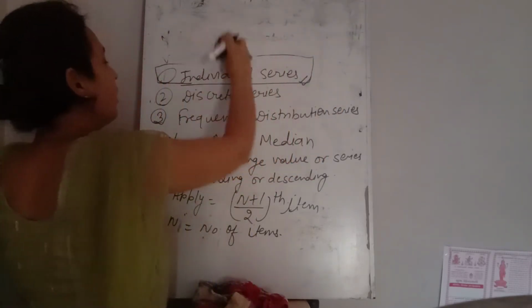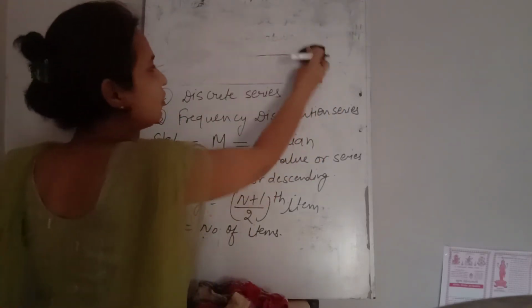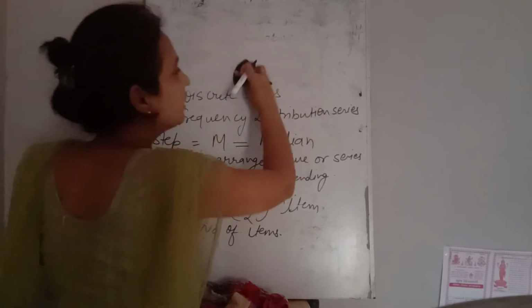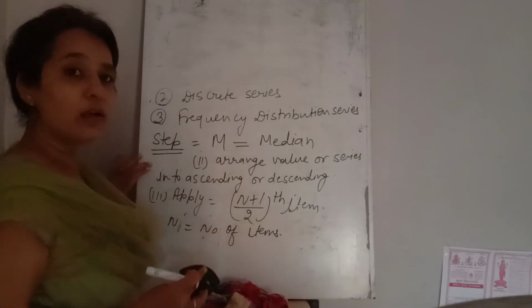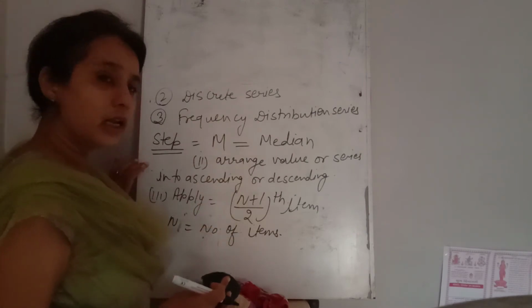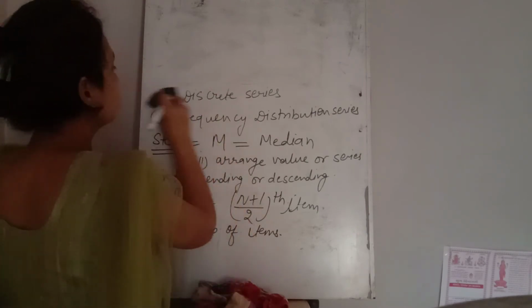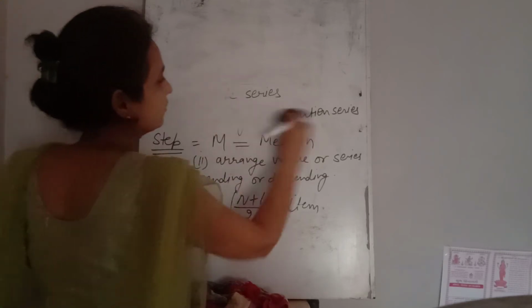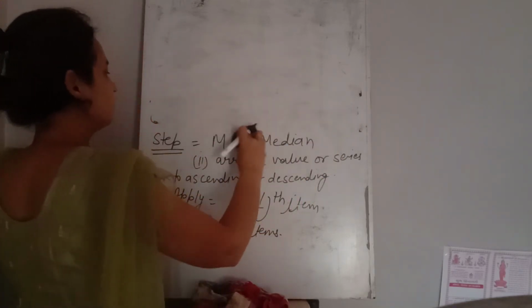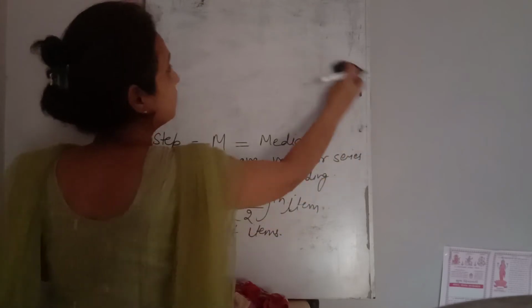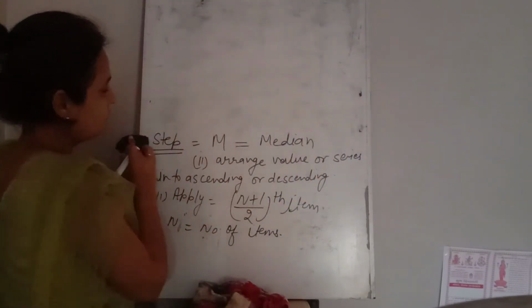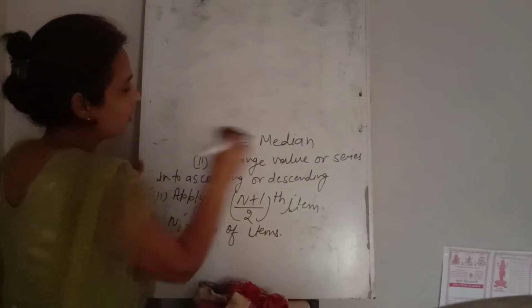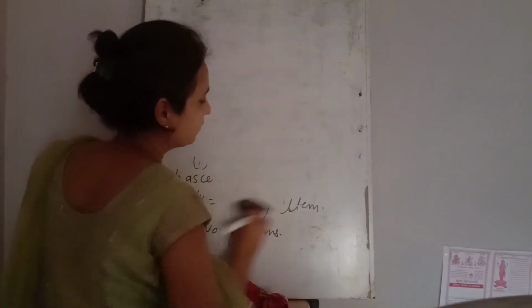I hope meanwhile you are all writing the steps of how to calculate median in individual series. I hope all of you have written. I am going to rub it now.